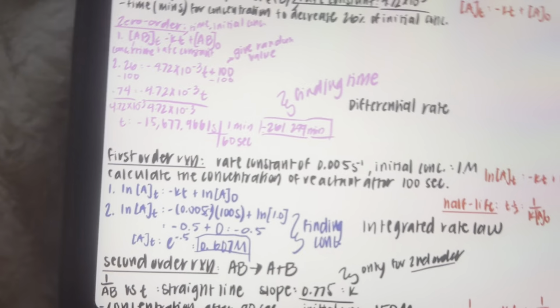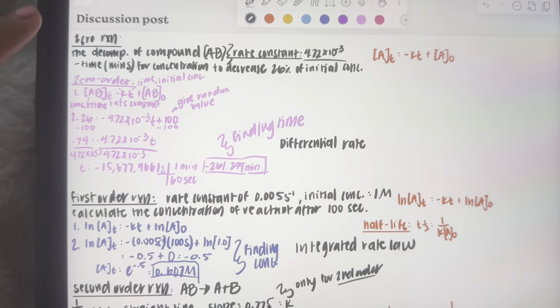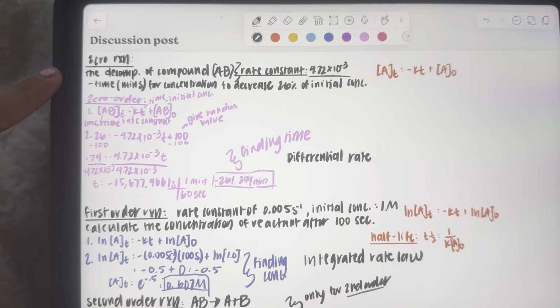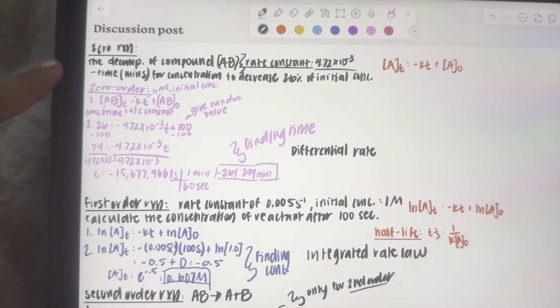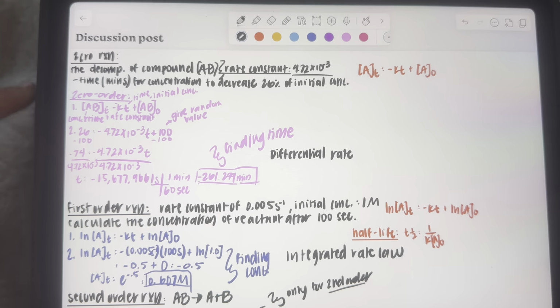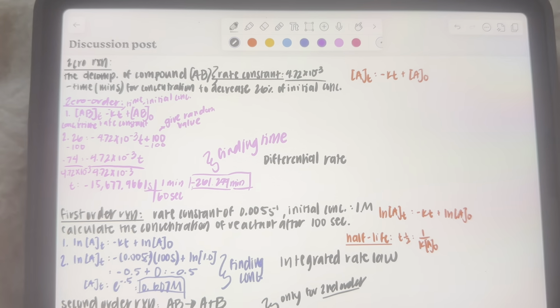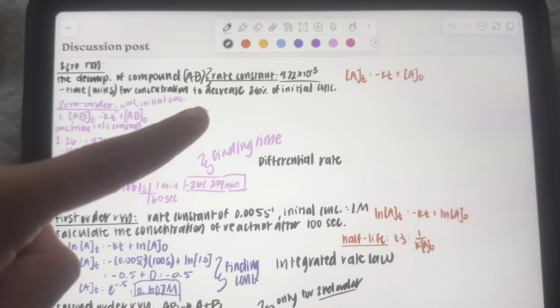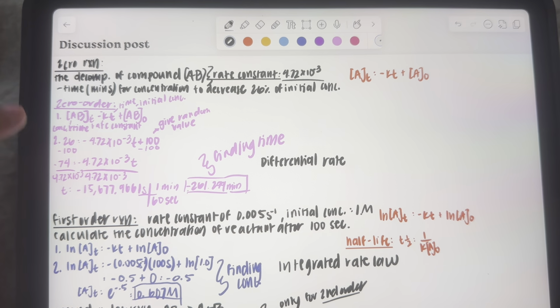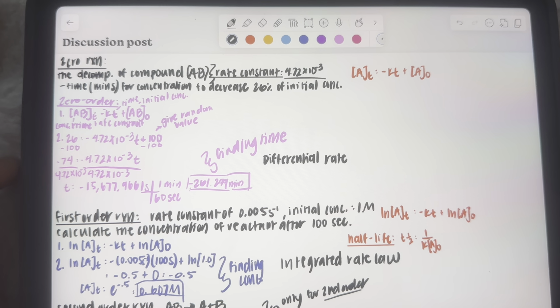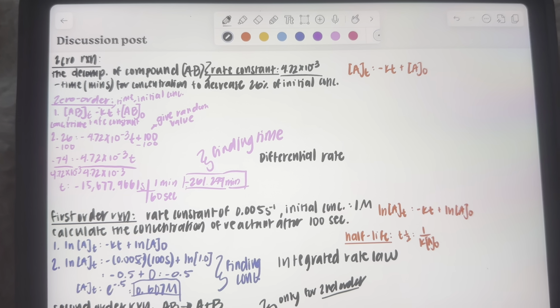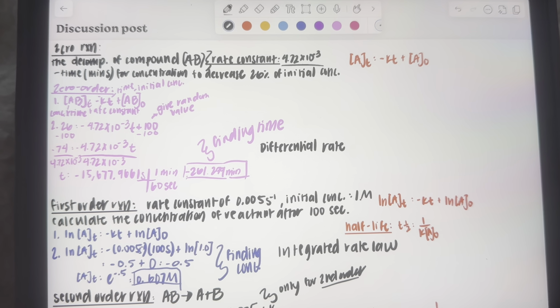Here's an example I wrote down. This is from, I'm pretty sure, the homework problem, so I just wanted to incorporate it here. The decomposition of compound AB, so we're going to focus on that, and the rate constant is this, and we're solving for the time in minutes for the concentration to decrease to 26% of the initial concentration.